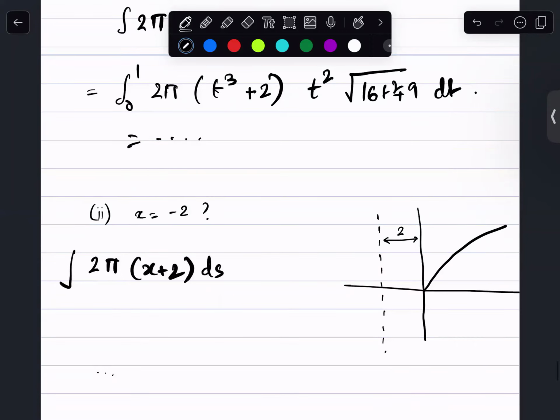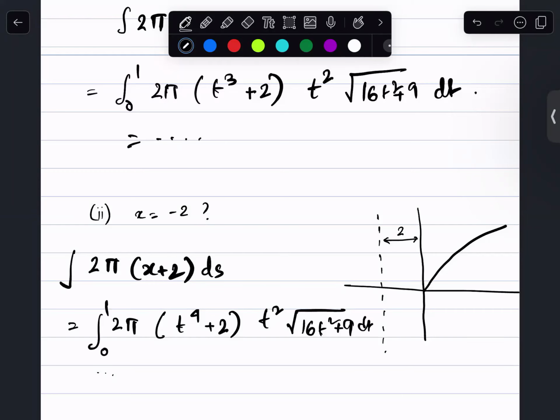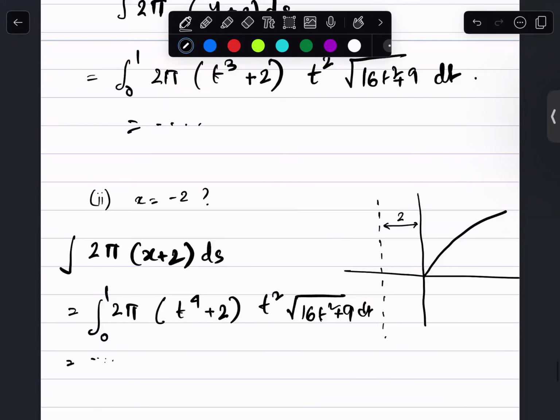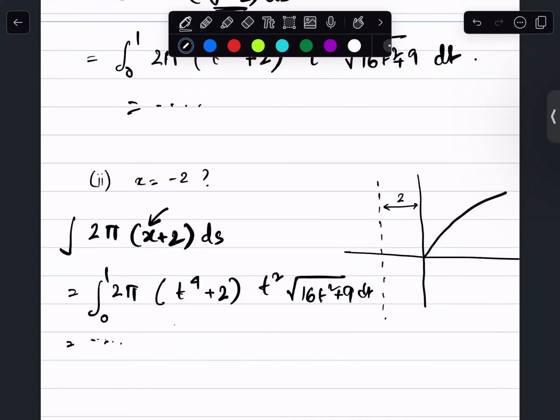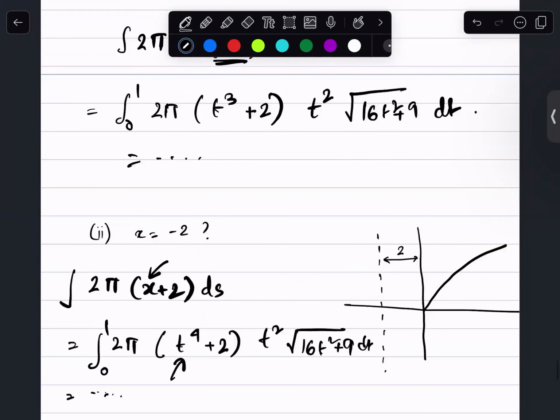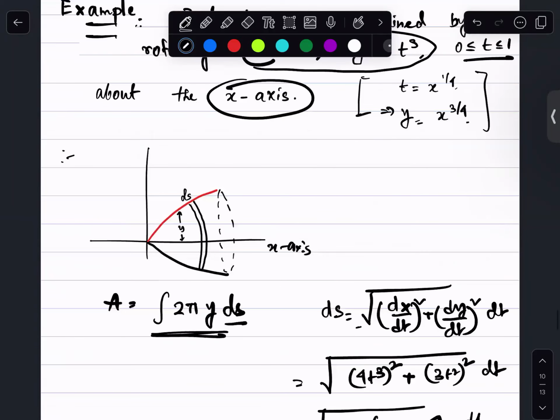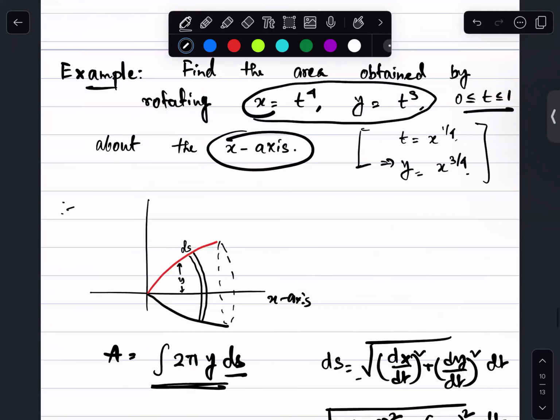So this will be 2 pi times t to the 4 plus 2, and then ds will be t squared times the square root of 16 t squared plus 9 dt, integration 0 to 1. And the rest again follows just like the previous problem. How is this x the same as t to the 4? Because this is the parametric formula, remember? x was t to the 4, y was t to the third.